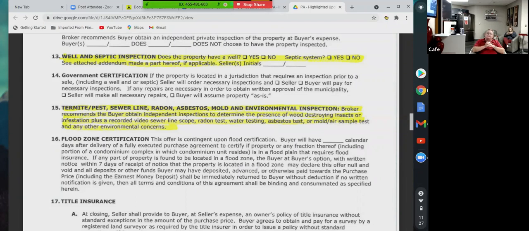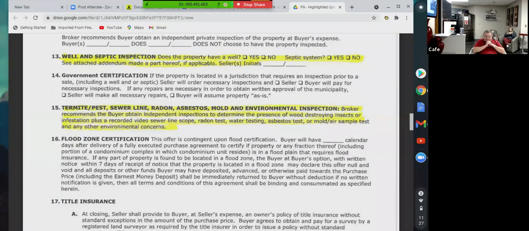It potentially is a $10,000 problem if you need to have this done. Wouldn't you want your clients to know up front, as opposed to a month after they get into a house and say, my basement's backing up? So, termite pest, sewer line, radon, asbestos, mold, environmental inspection.